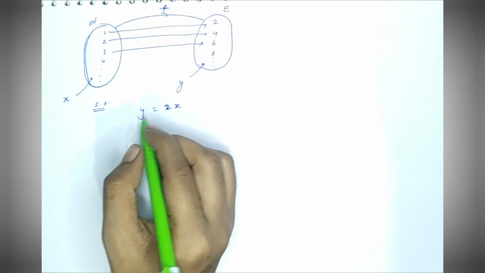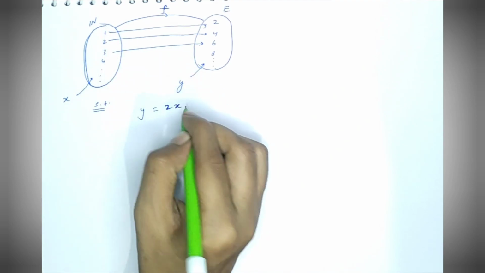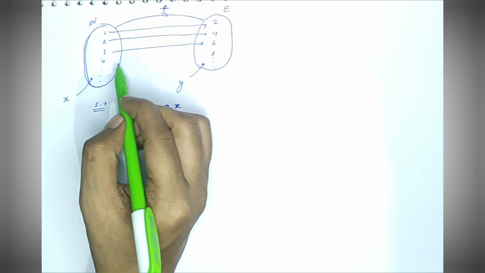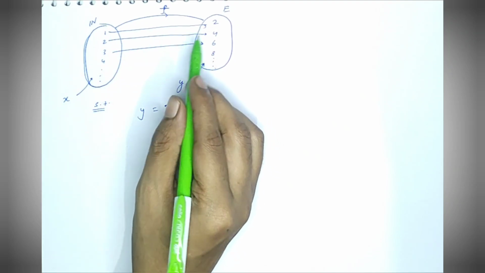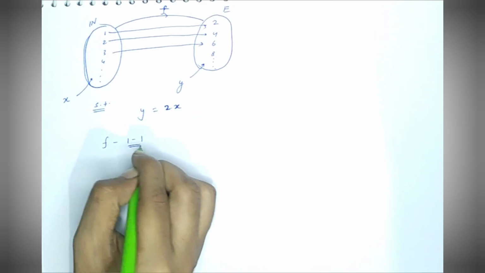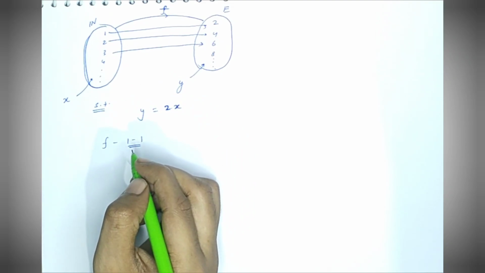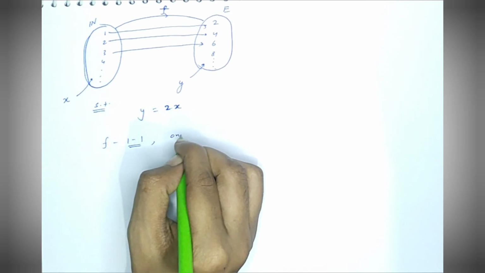Here you can see that all the elements of the natural numbers are mapped to all the elements of E. Therefore this function f is one-to-one, and all the elements of E have pre-images in N. Therefore this function is onto as well.